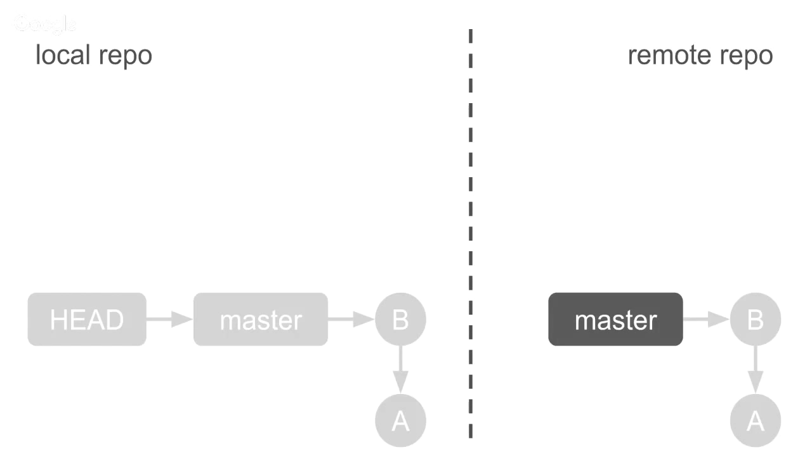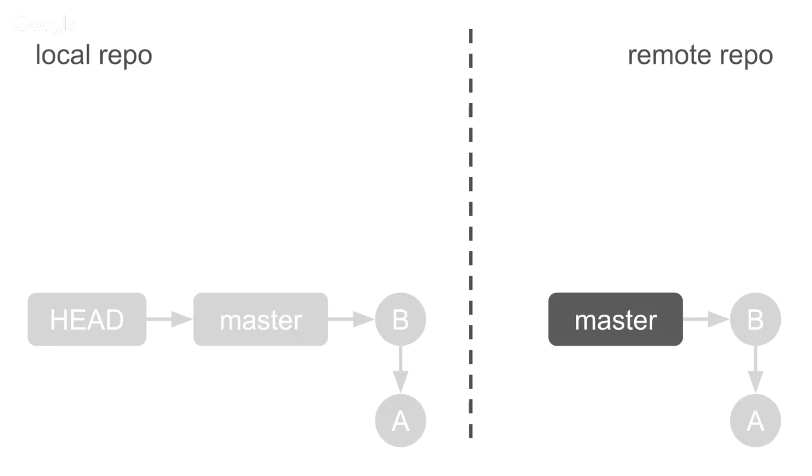So basically what our local repo knows right now is that it has a branch master pointing to commit B and then A, but it doesn't actually know what's there on the remote repo. That's technical information here.